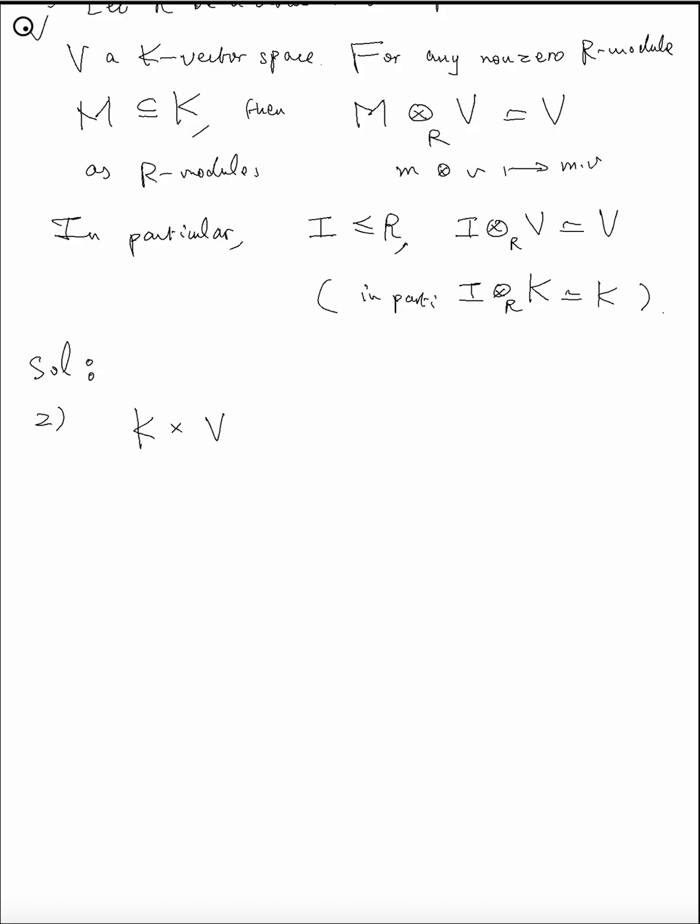So the key observation is that this multiplication map is bilinear. Just check it.